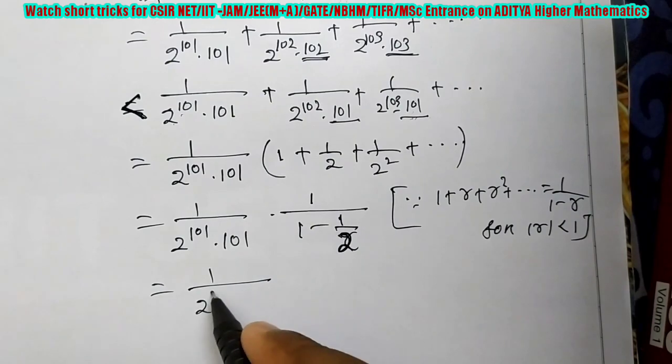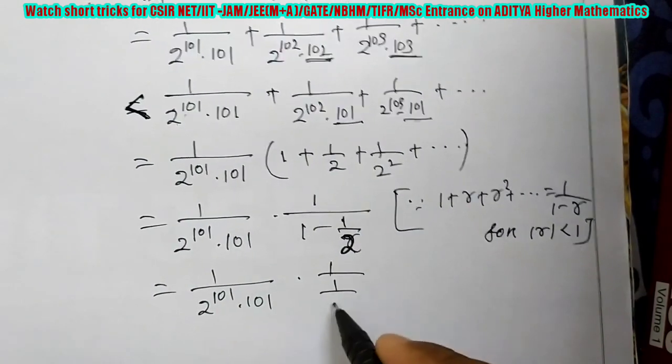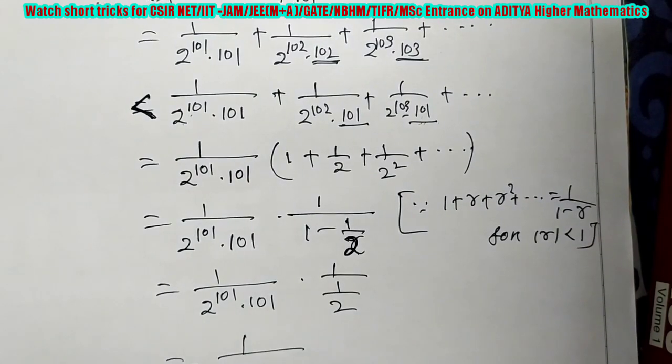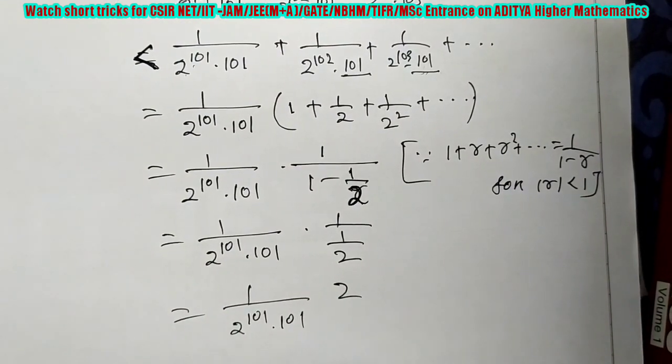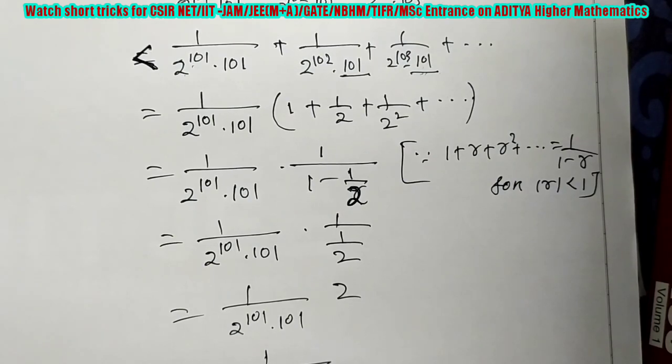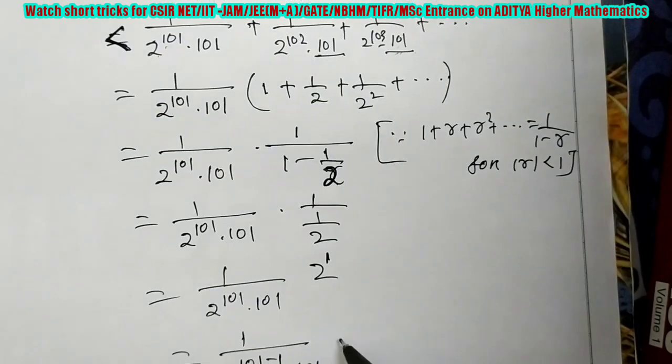So now it is coming 1 by 1 by 2, and 2. So here 2 power 101, here 2. So now you can cancel this. It is 101 minus 1 because its power is 1.